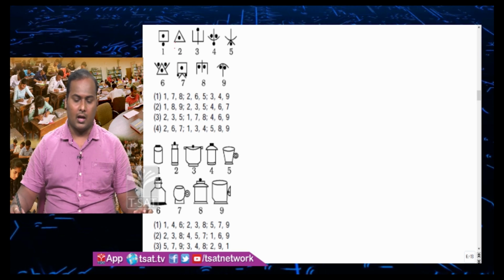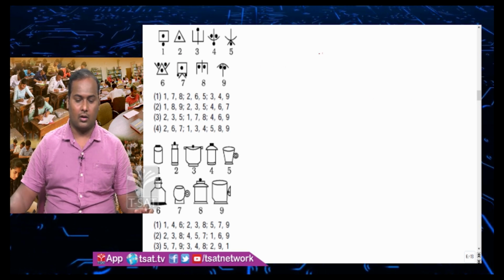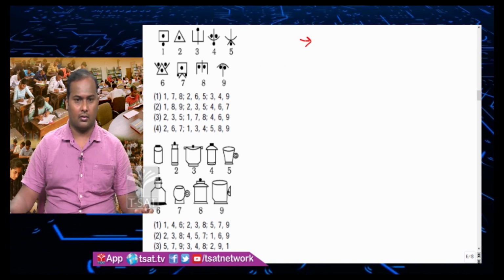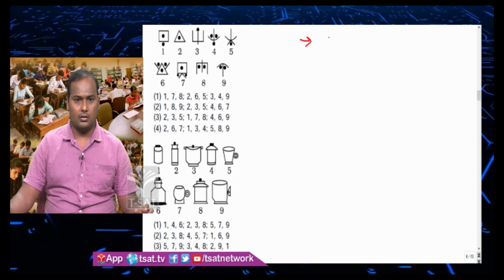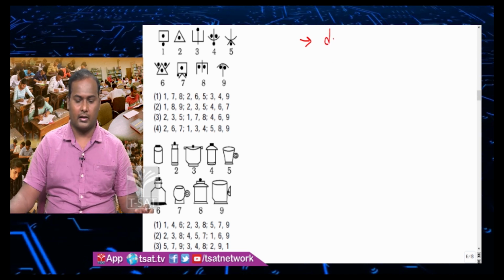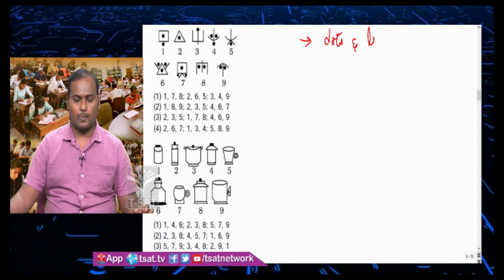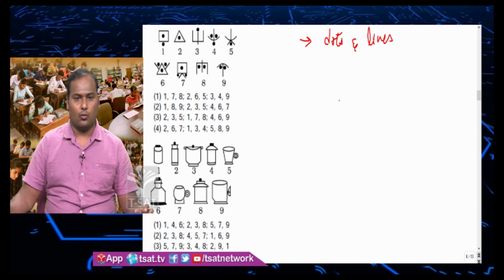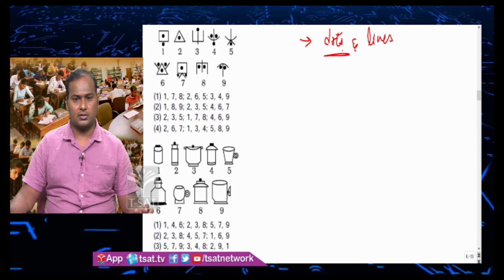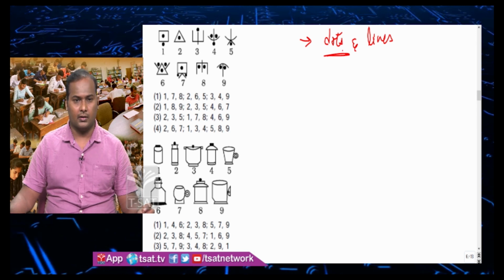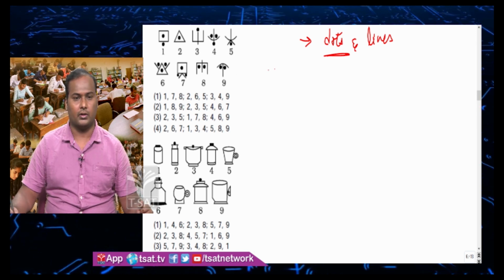So simply I can classify this particular question based on circles, or I can say dots and lines, right? But what I feel is, by seeing only dots also you will get the answer in this particular case. So let's try to check with it.